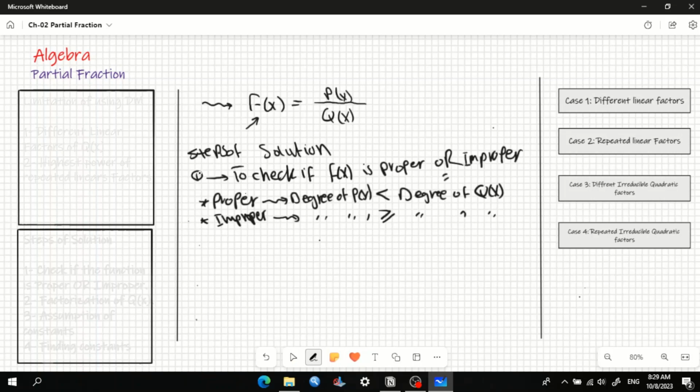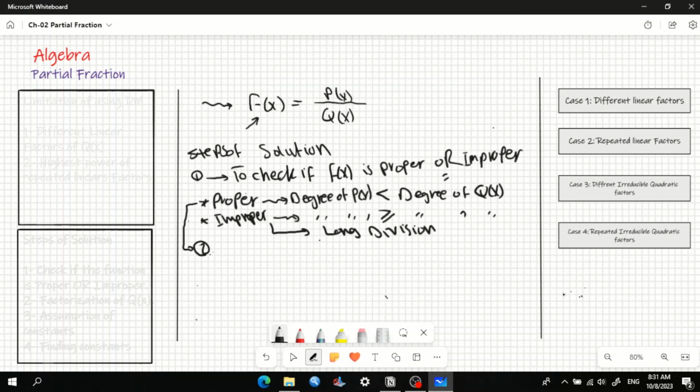If f of x is proper, we move forward to the next step. If it is improper, we go to long division to convert f of x from an improper function to a proper function.